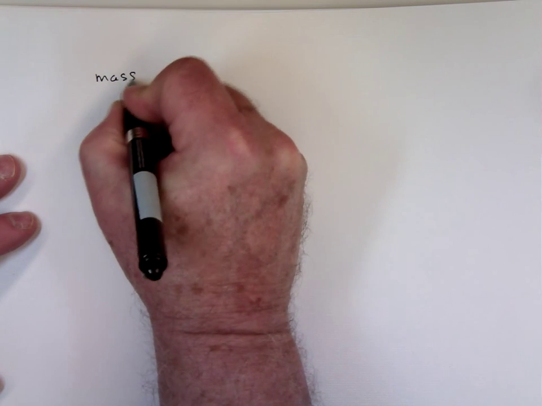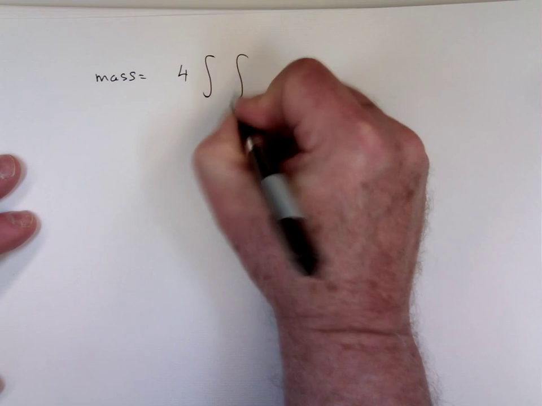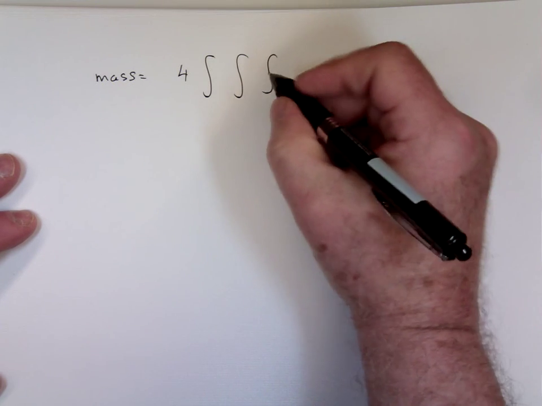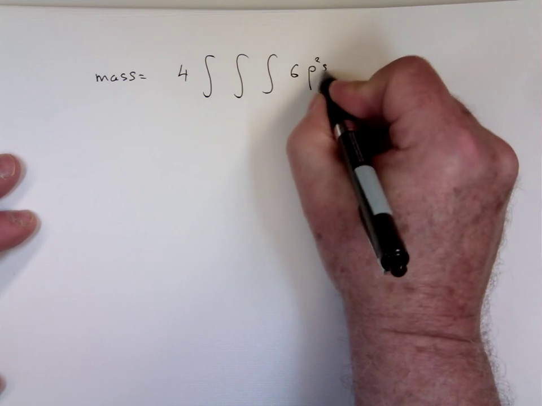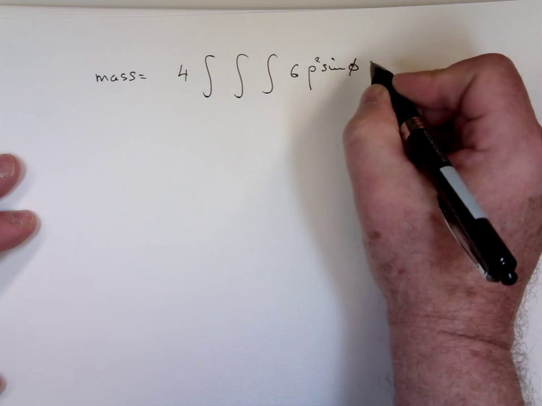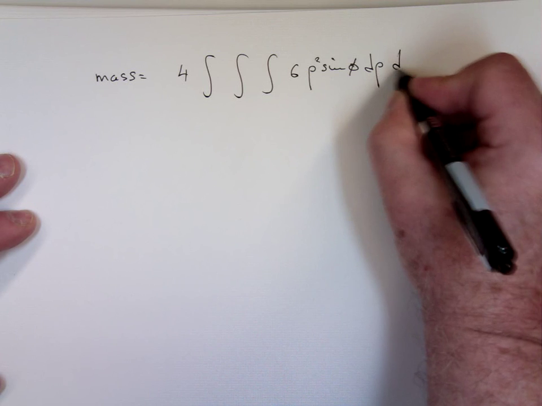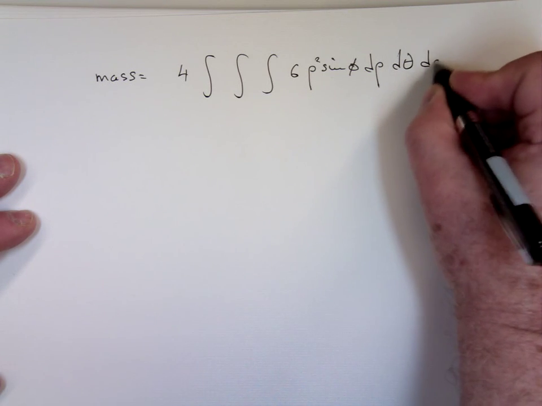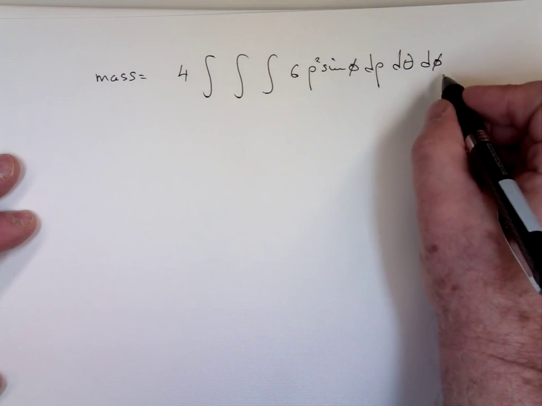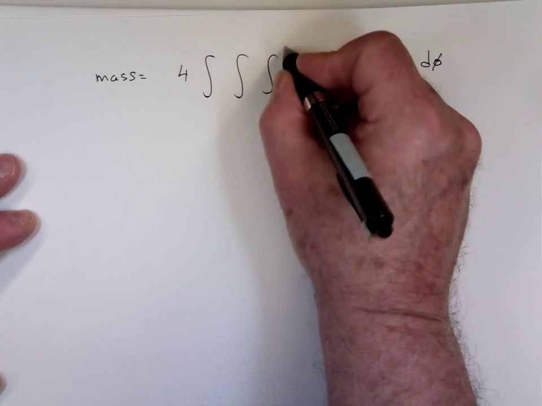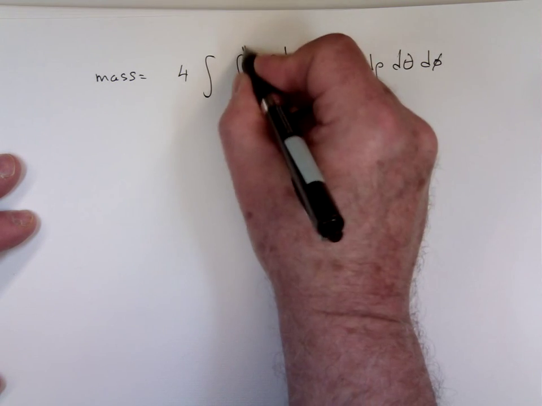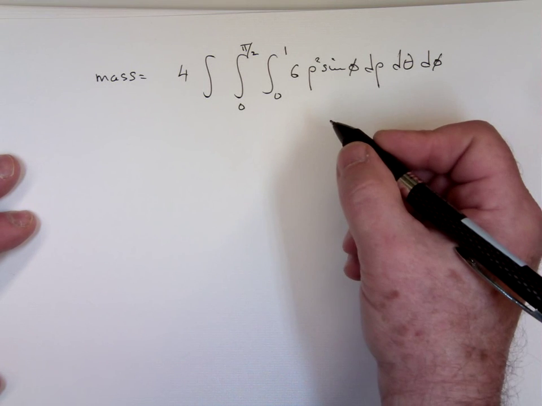We have 4 times that triple integral of 6 rho squared sine phi d rho d theta d phi, 0 to 1, 0 to pi over 2, and 0 to pi over 2.